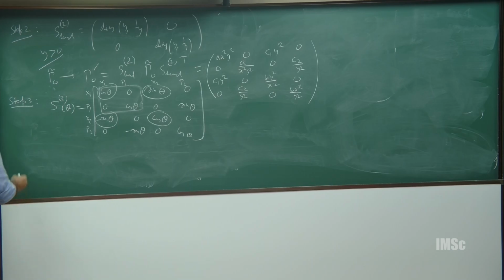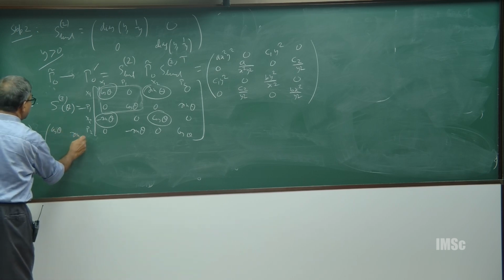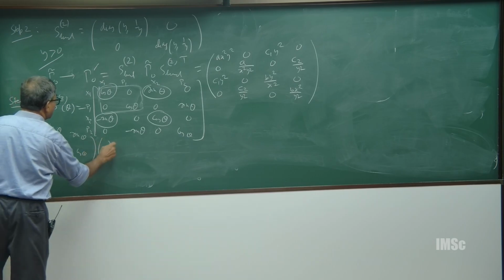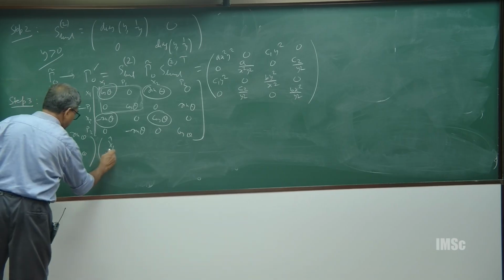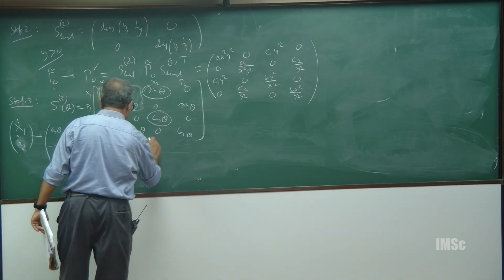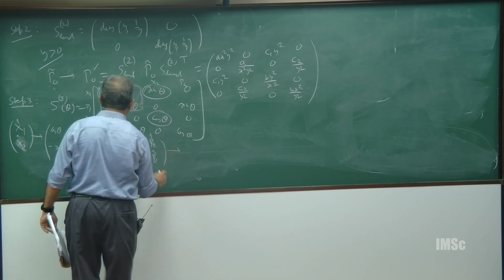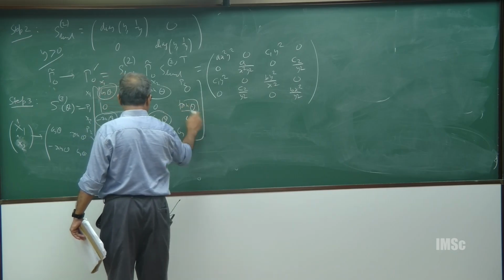So, this tells you that x 1 x 2 goes to cosine theta sin theta minus sin theta cosine theta times x 1 x 2, right. And similarly, p 1 p 2 goes to, so this one and this one.